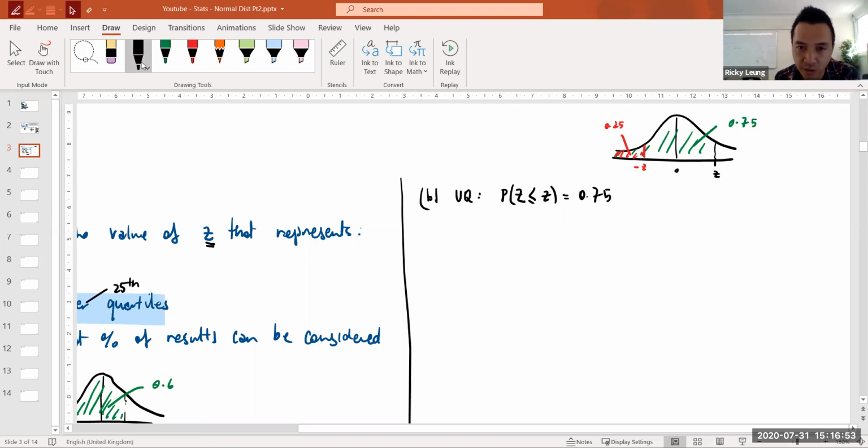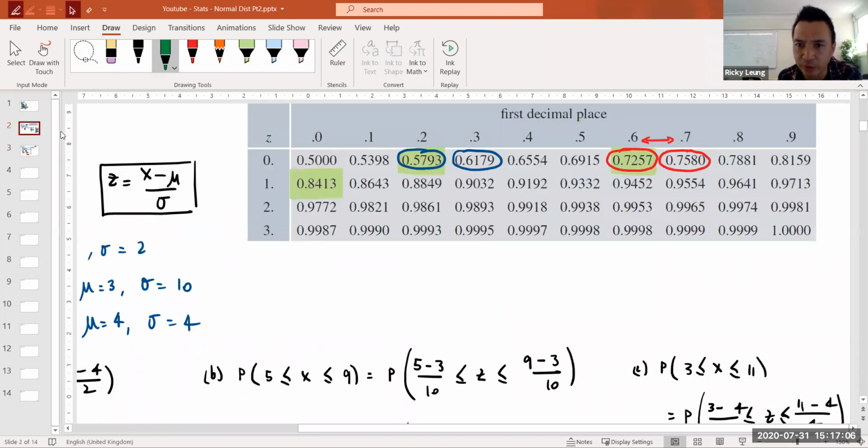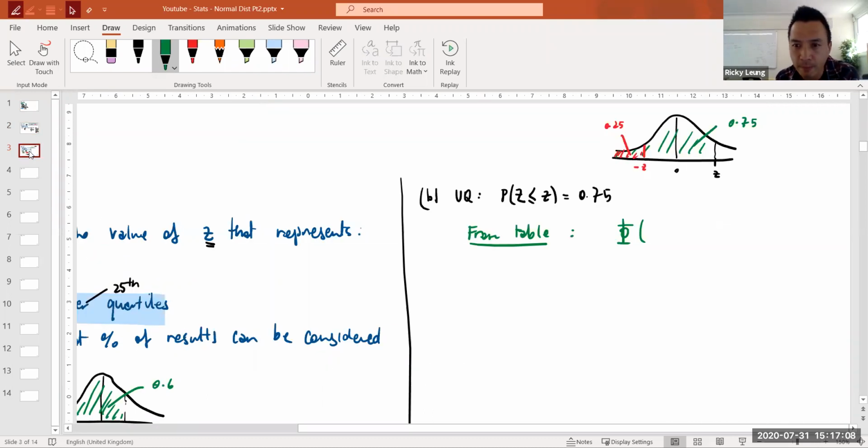So now, from my table, I found that phi of 0.6 is 0.7257 and 0.7 is equal to 0.7580.